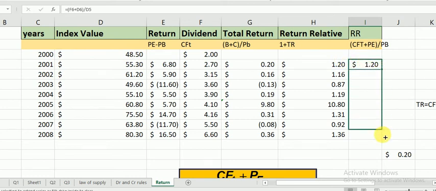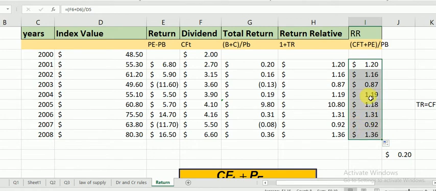Now look, if you look at both the columns, they give the same value. We can calculate the returns relative by adding 1 to the total returns column, or we can use the formula: dividends or interest plus new price divided by old price.